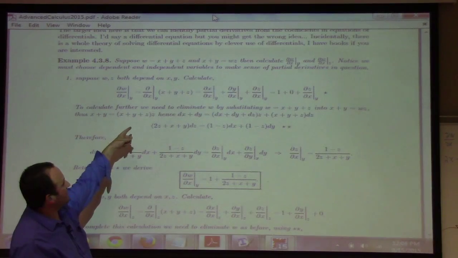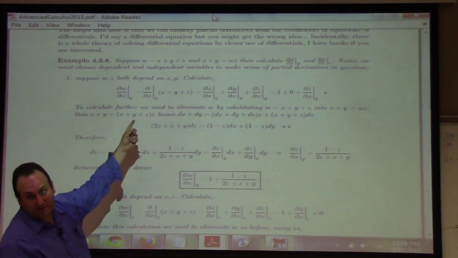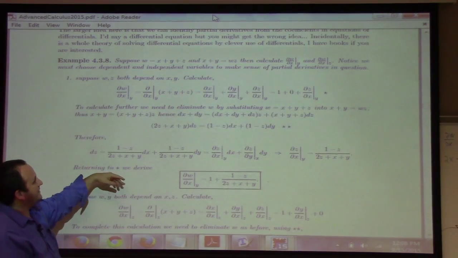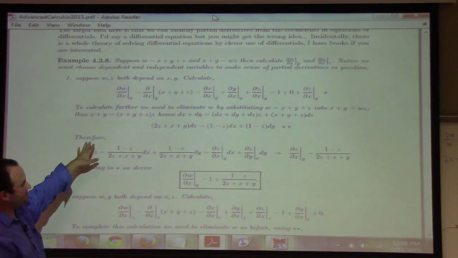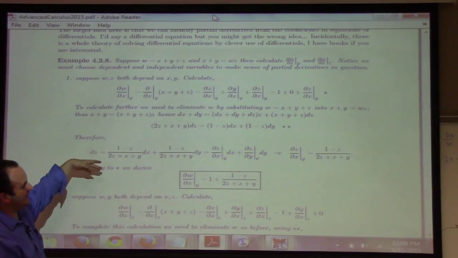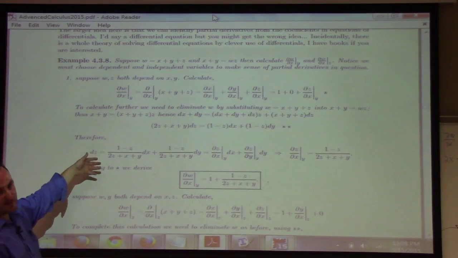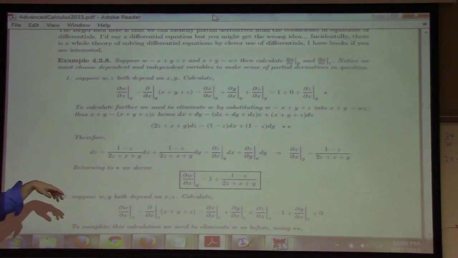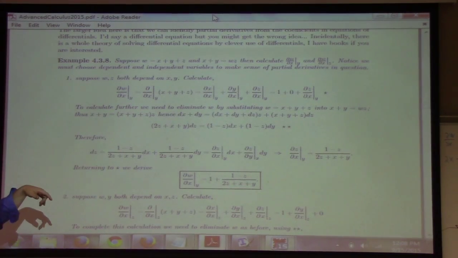So one way I can do it is just to formally calculate. Take the partial derivative with respect to x of the equation for w, differentiate, and I get that, right? And then I can basically just do hand-to-hand combat with the equations using the fact that partial x, partial y is equal to 0, and partial y, partial x is equal to 0, whereas w and z are functions of x and y.